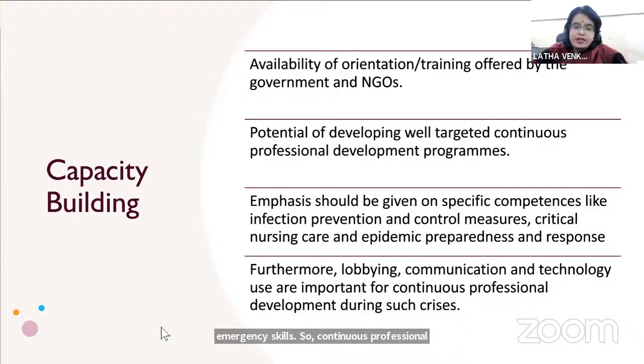It needs to be need-based in empowering the nurses, and emphasis should be given on specific competencies like infection prevention and control measures, critical nursing care procedures, and epidemic preparedness, and how to respond to outbreaks, epidemics and pandemics. Furthermore, lobbying, communication, and technology use are important for continuous professional development during such a crisis.